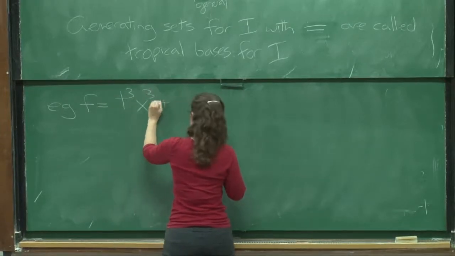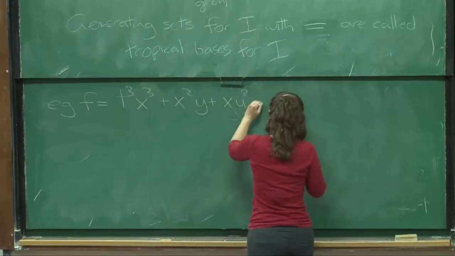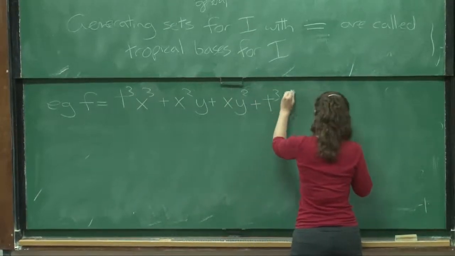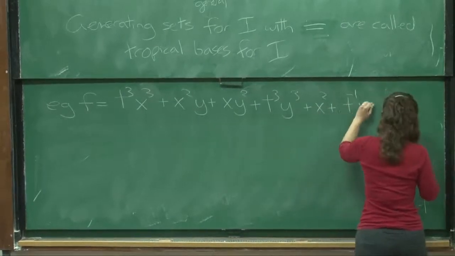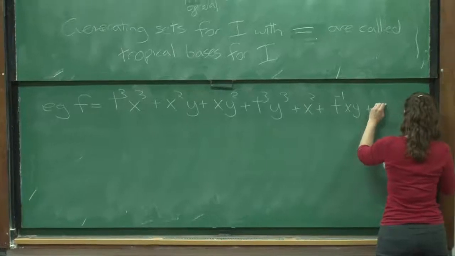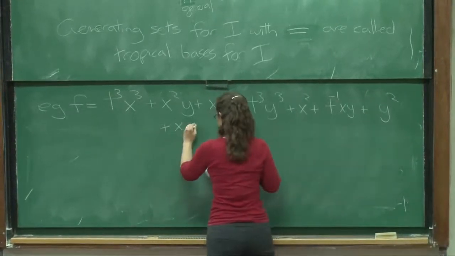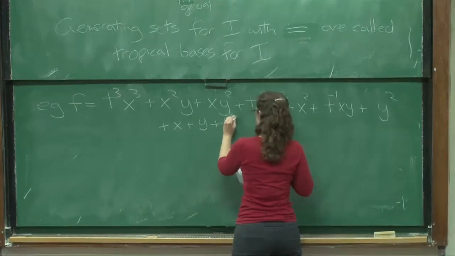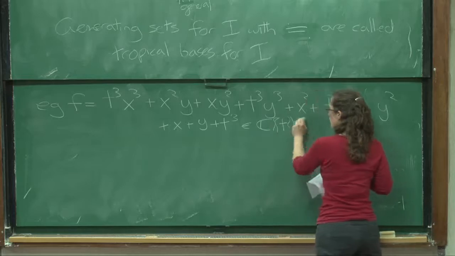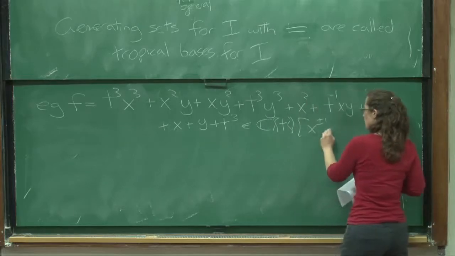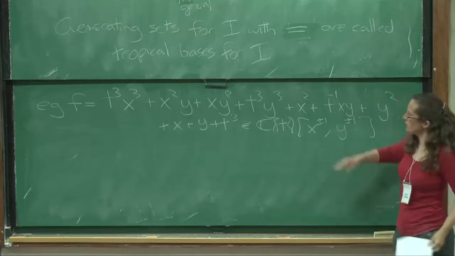So f is t cubed x cubed plus x squared y plus xy squared plus t cubed y cubed plus x squared plus t inverse xy plus y squared plus x plus y plus t cubed. And this is a Laurent polynomial in x and y with coefficients as Puiseux series.